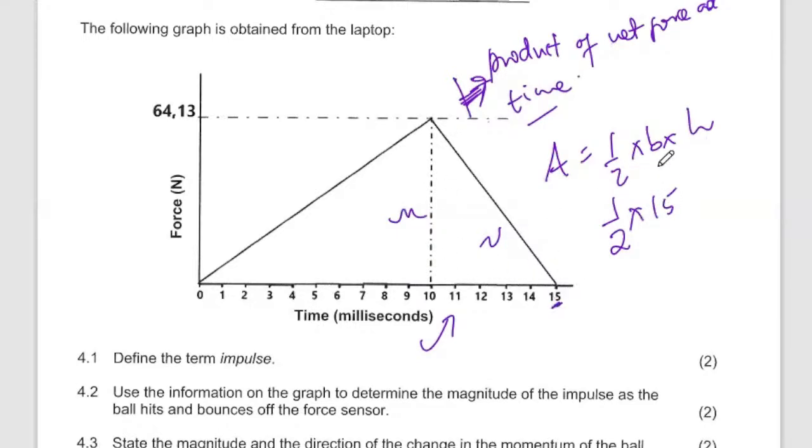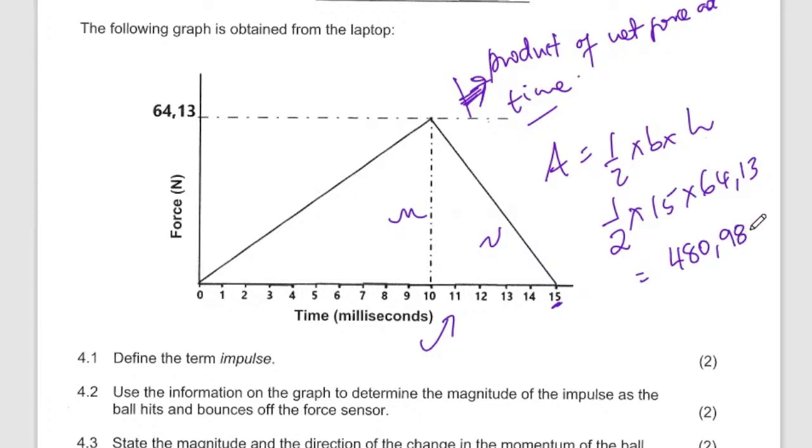And then our height is going to be 64.13. Okay, so a half times 15 times 64.13 is giving me 480.98.